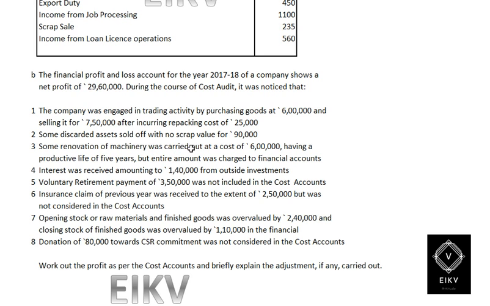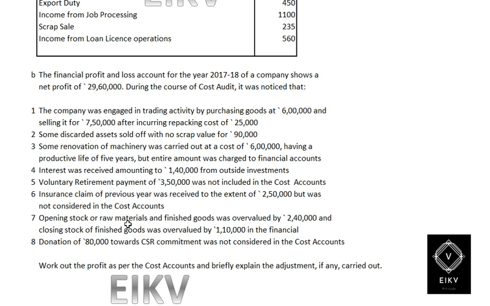Some renovation of machinery was carried out for rupees 6 lakh, having a life of 5 years, but the entire amount is charged to financial statement. Interest received rupees 1,40,000. On retirement, payment has been made for rupees 3,50,000, and an insurance claim was received for rupees 2,50,000.